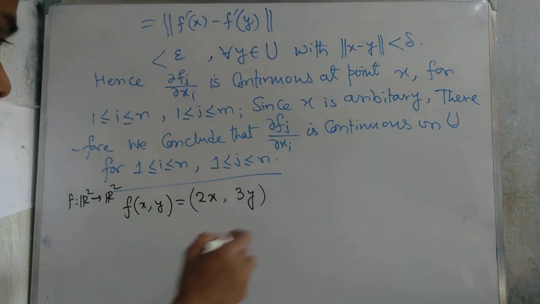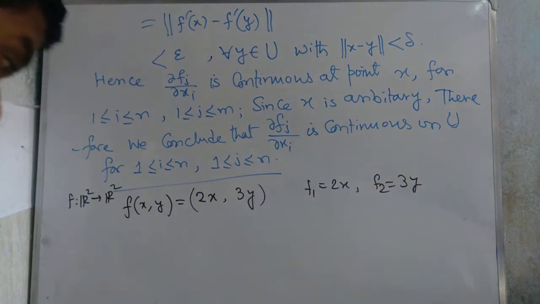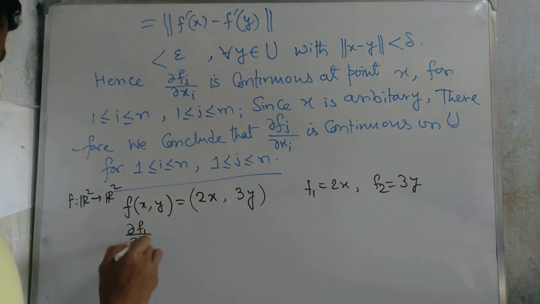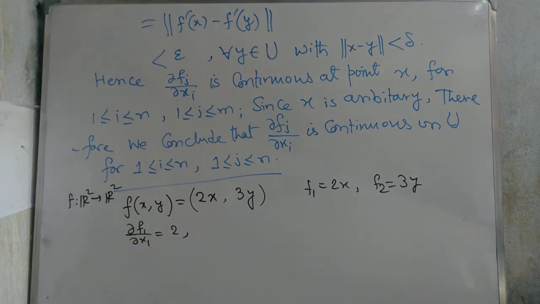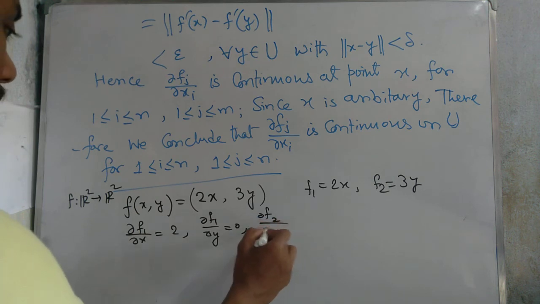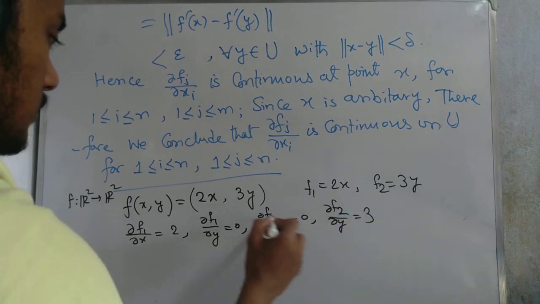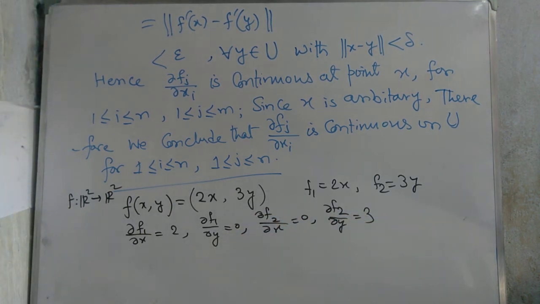Here f1 equals 2x and f2 equals 3y. Now we see that ∂f1/∂x equals 2, ∂f1/∂y equals 0, ∂f2/∂x equals 0, and ∂f2/∂y equals 3.